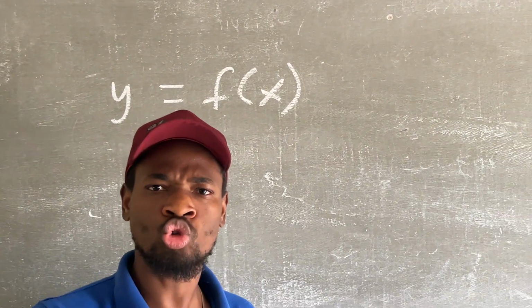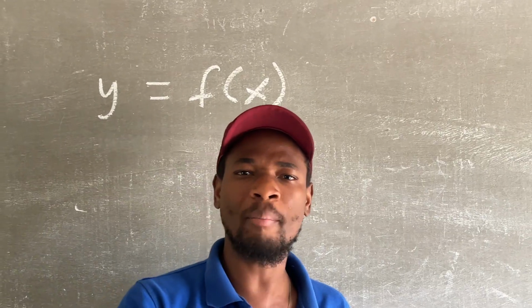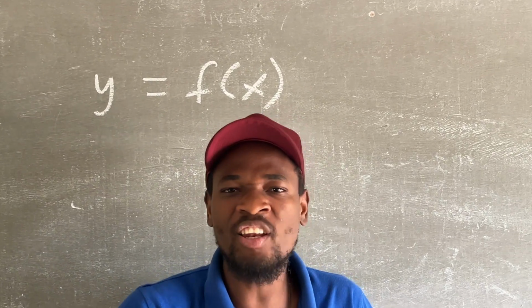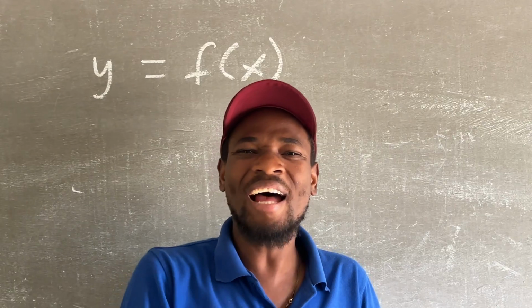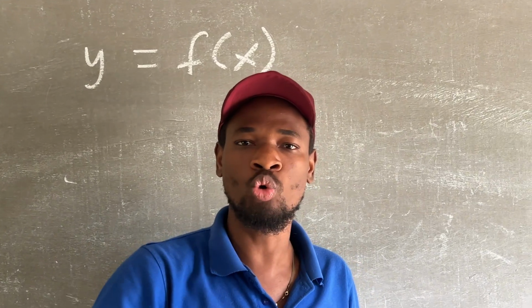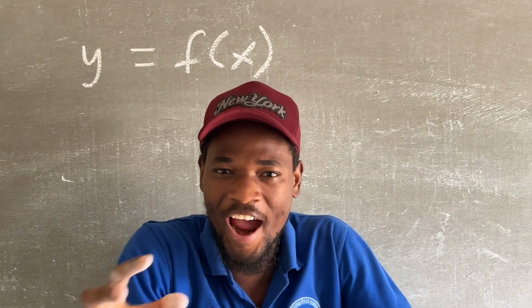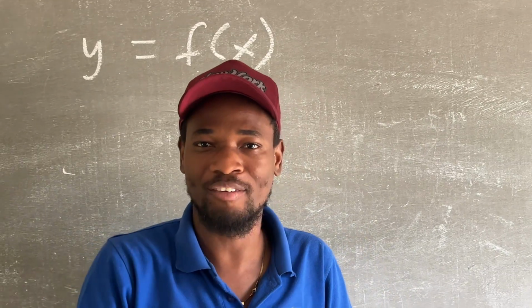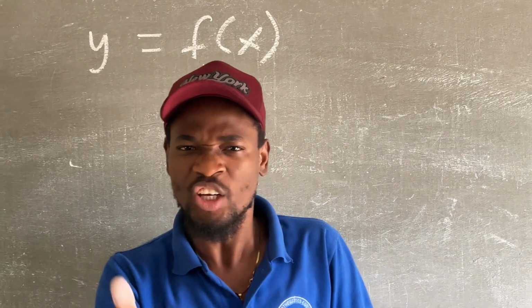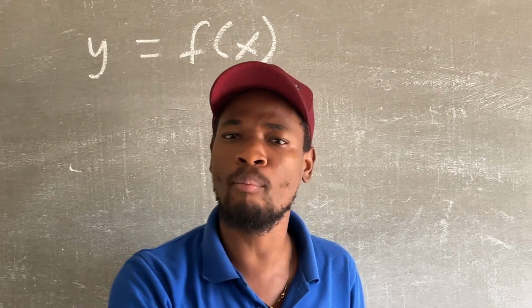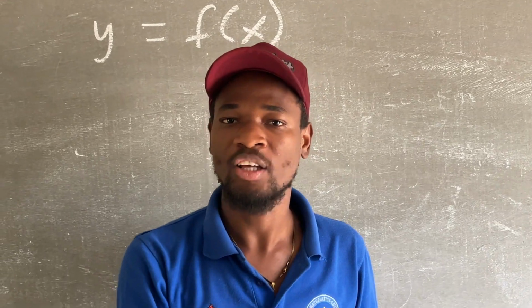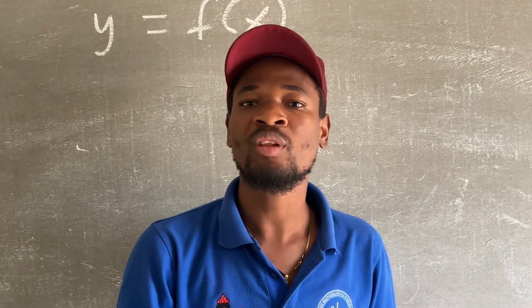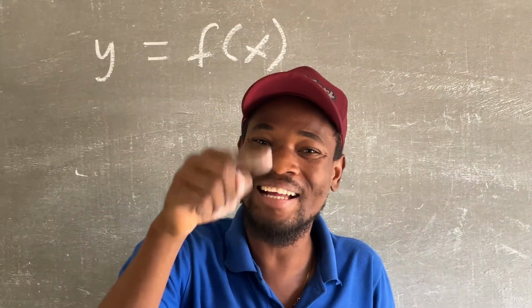The concept of parametric equation is that it is any form of equation that helps us to describe the behavior of a curve using a third variable called a parameter. So we usually denote the parameter with the letter t.